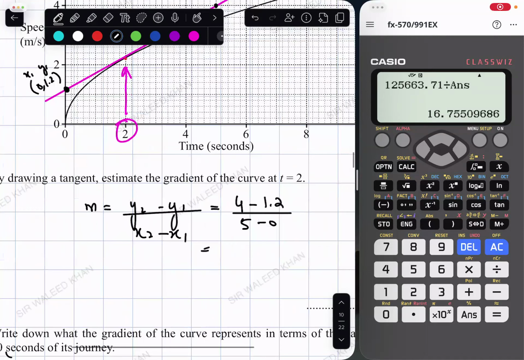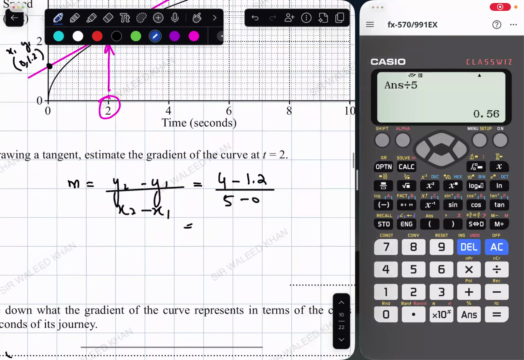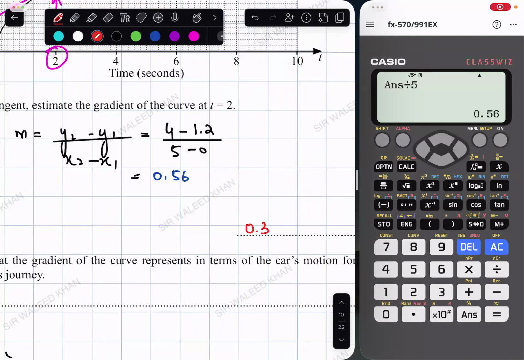So we have 0.56. And let me see the range. 0.3 to 0.8 is the range given to you. My value is 0.56. The range given to you is 0.3 to 0.8, a very generous range, right? So if your value is between this, that's well and good, right?